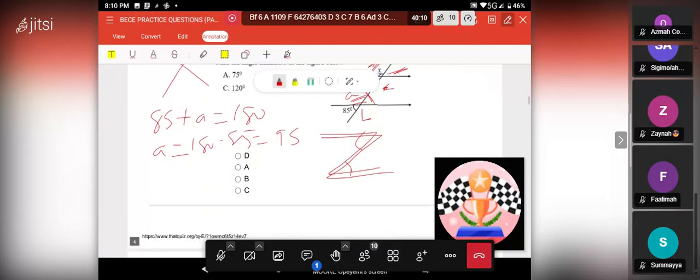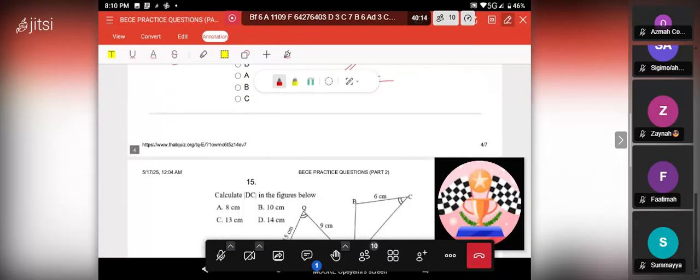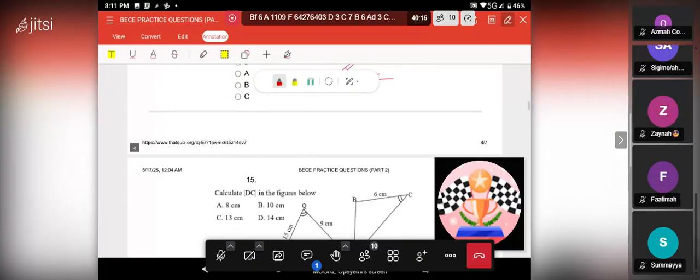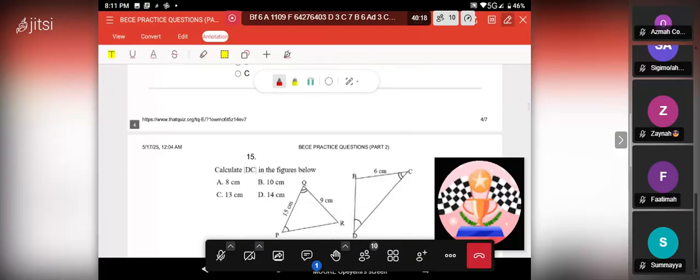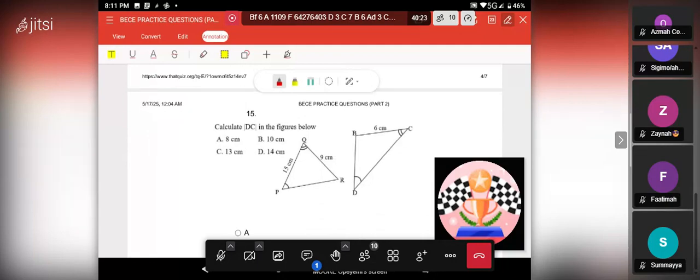Yes, sir. Thank you. Now question 15. Calculate DC, that is line DC in the figure below. This is also a similar triangle. We use what we call the ratio of the corresponding lengths. Now, if you look at the angles, angle Q corresponds to angle C. Do you agree with me?